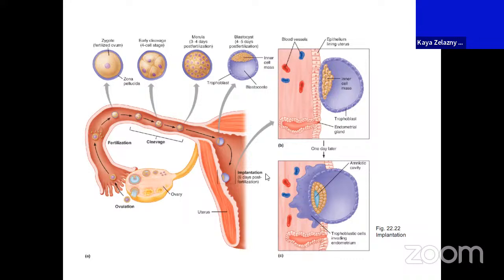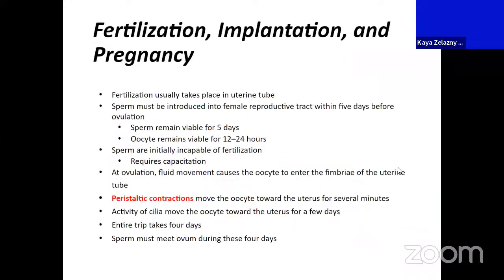We then start to increase the blood flow to this structure and see formation of the placenta for exchange of basically blood so that we can get gases moving back and forth to our growing embryo. Okay. So in terms of the steps, we're thinking about fertilization. It's taking place in that uterine tube, which means that the sperm have to get up the uterine tube, right?